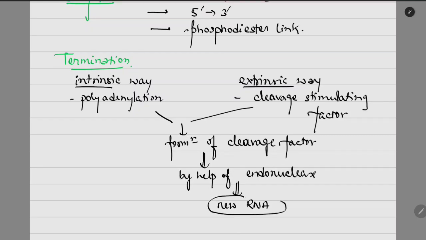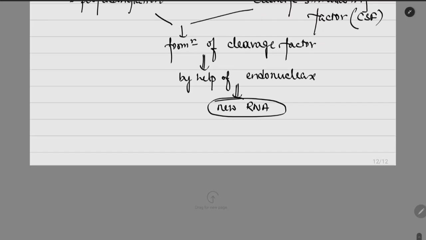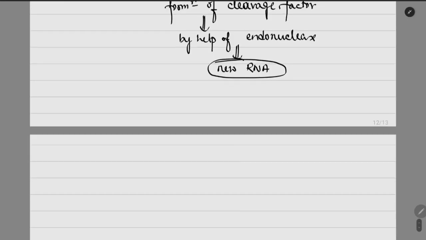Now the cleavage symbol is CSF. This is not cerebrospinal fluid, just remember this point. New RNA is formed after termination.